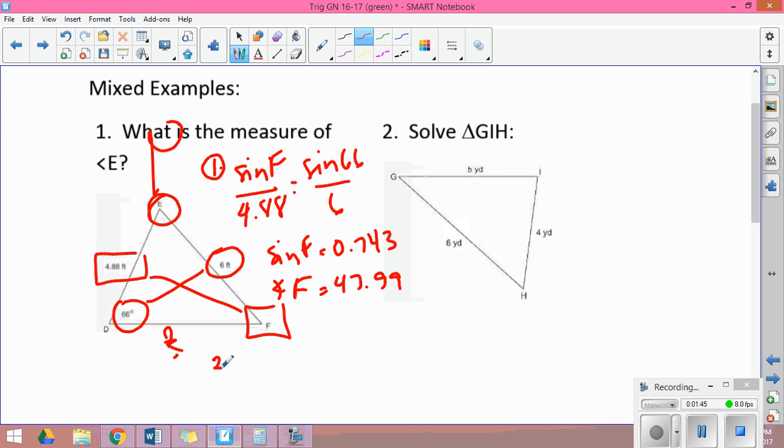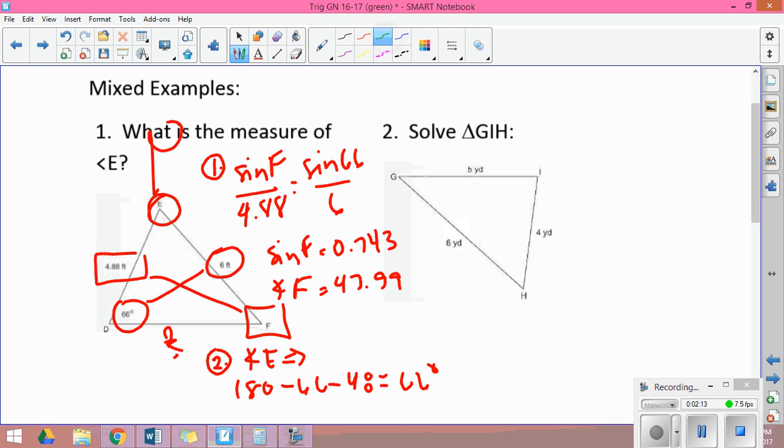Once I know that, then angle E is equal to 180 minus 66. If you want to go ahead and use 48, that's fine. Minus 48 is equal to 66 degrees. Okay, just be really careful with those rounding because you can actually introduce quite a bit of error.